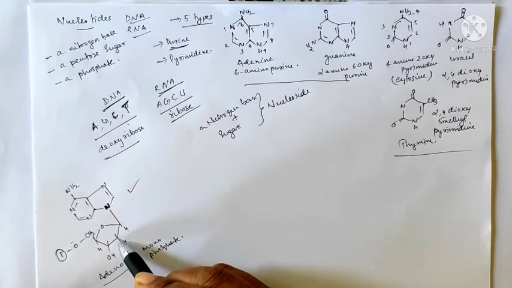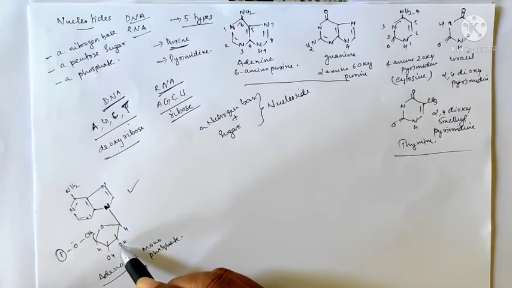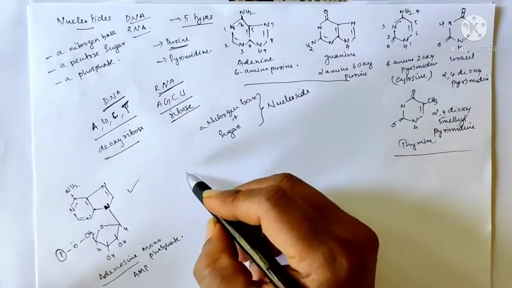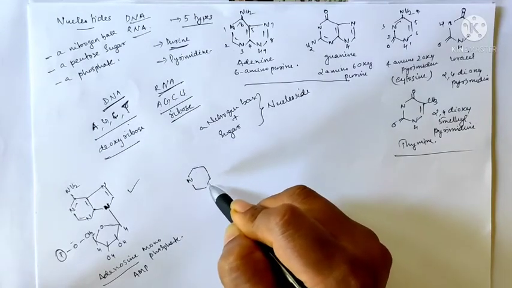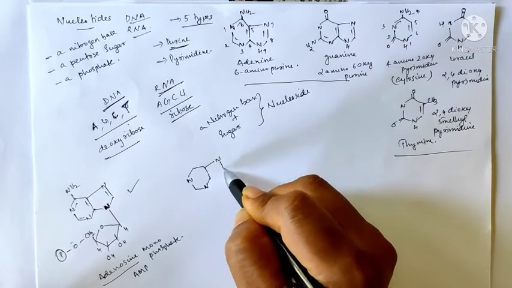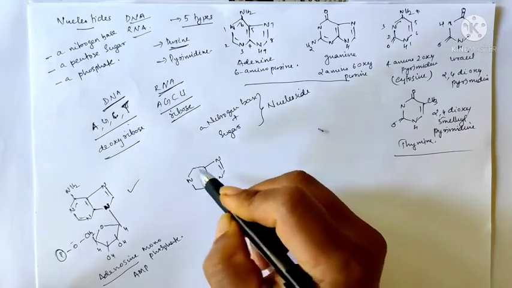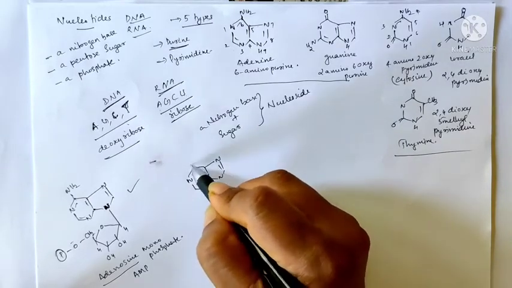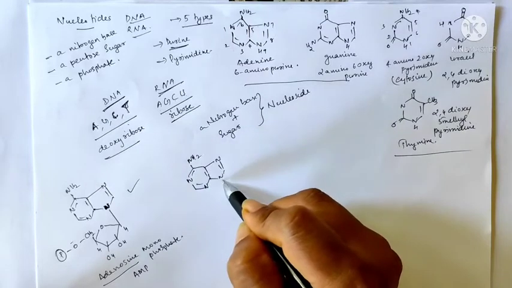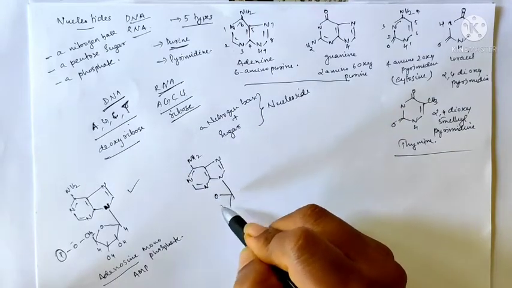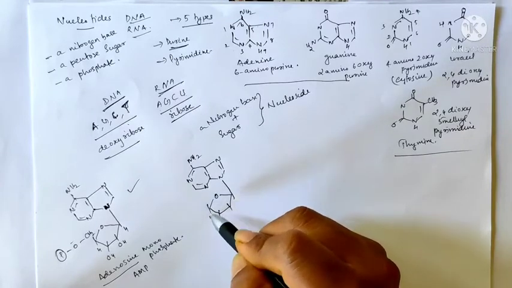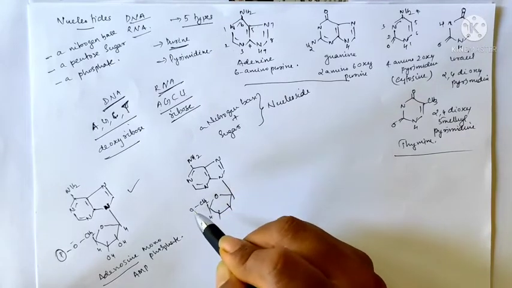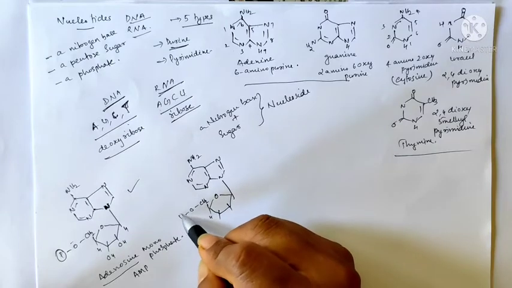So in the second position, if oxygen is eliminated, again I will draw N, NH2, adenine, 9th position, sugar molecule joins, CH2, phosphate group attaches.